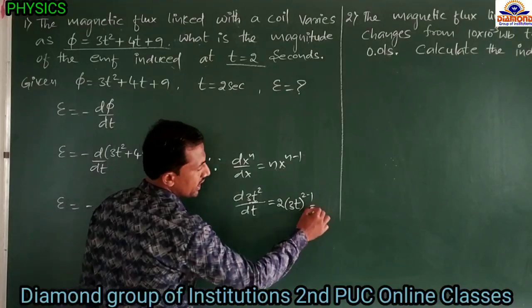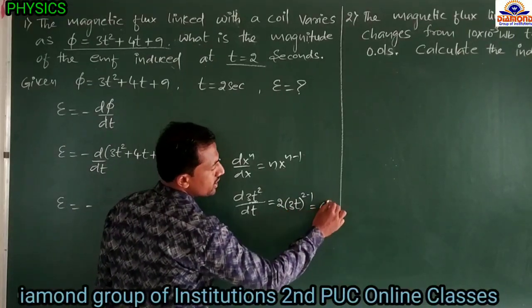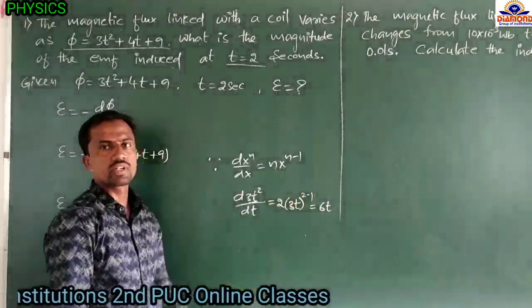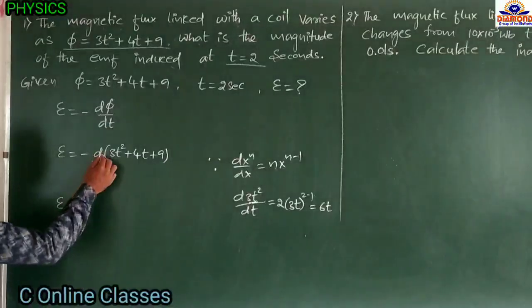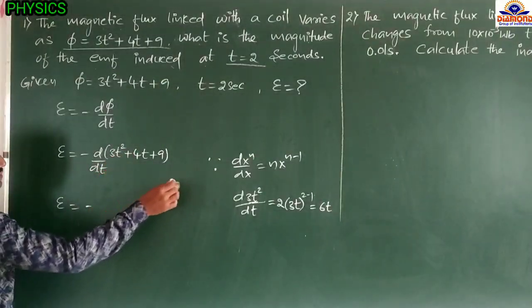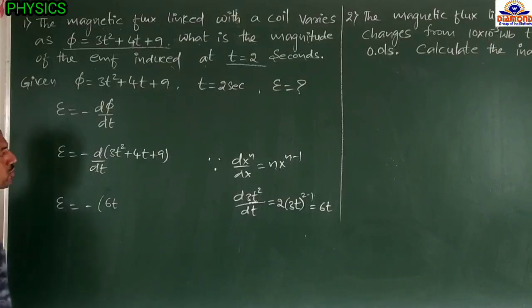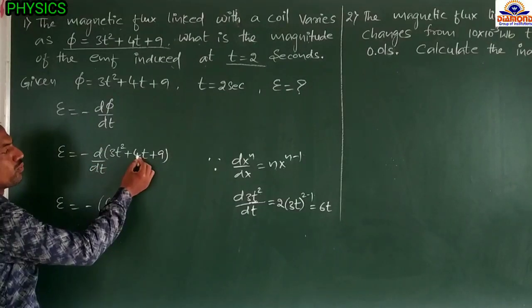Then we write 3 into 2, which is 6t. 2 minus 1 means 1, and when nothing is written the power is 1. So the differentiation of 3t square is 6t.